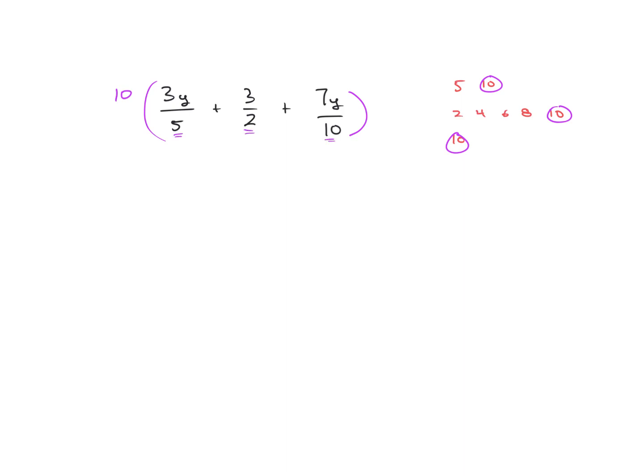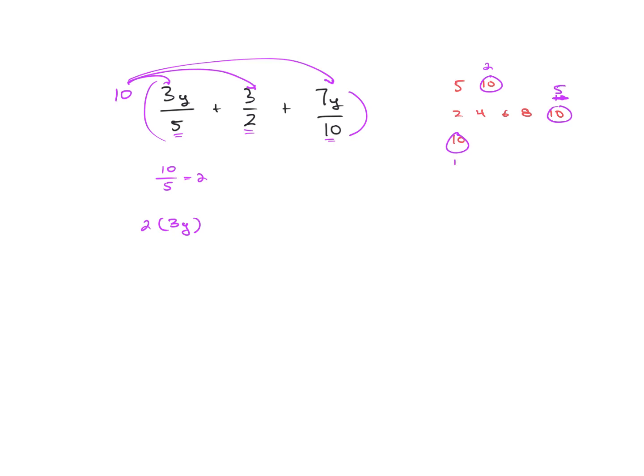The idea is if I'm distributing this, again not changing the value, 10 over 5 is 2, so basically I'm multiplying this 3y by 2. And if you see here, 5 times 2, 10, 2 times 5, 10, and 10 times 1, 10.